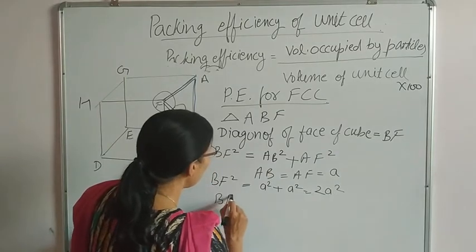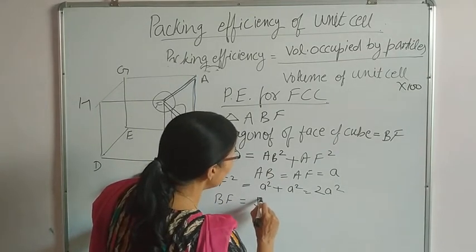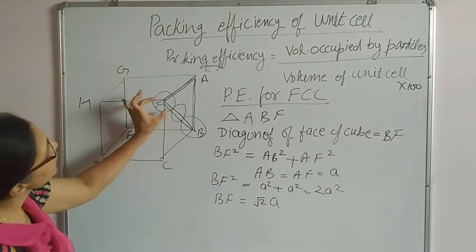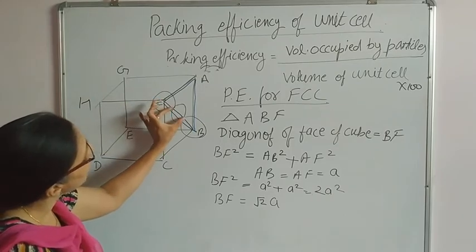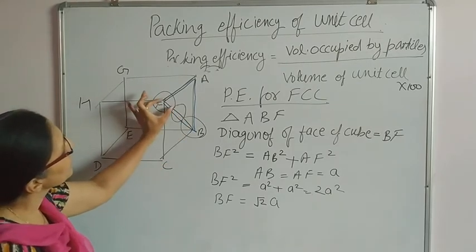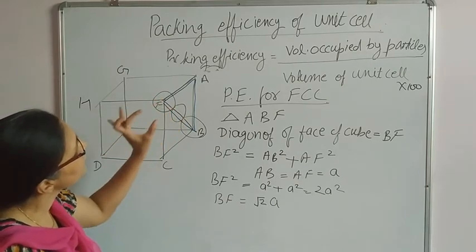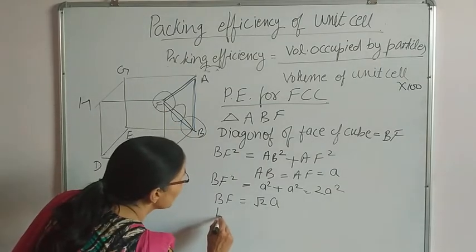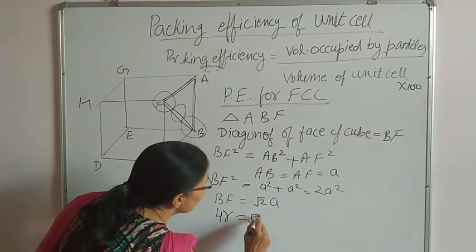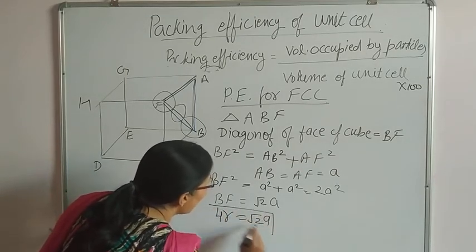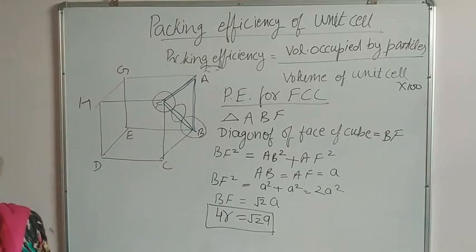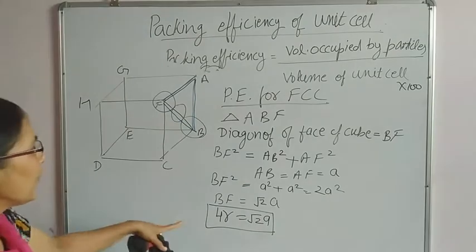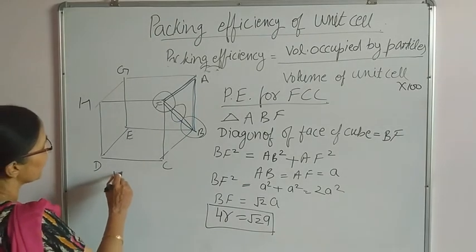BF is equal to root 2 a by taking the root. Now BF is the addition of 1r plus 2r plus 1r, that is, one radius, then two radii meaning the diameter of this sphere, and this one is another radius. So 4r. Now you can write 4r is equal to root 2 a. It is the relationship between r and a that we will use in our further derivation.